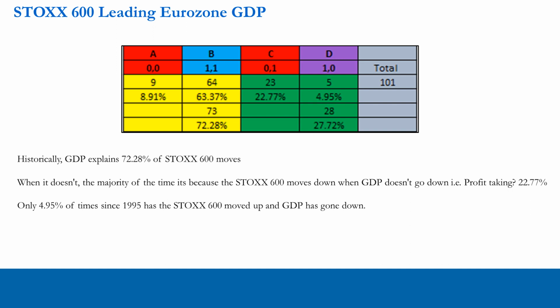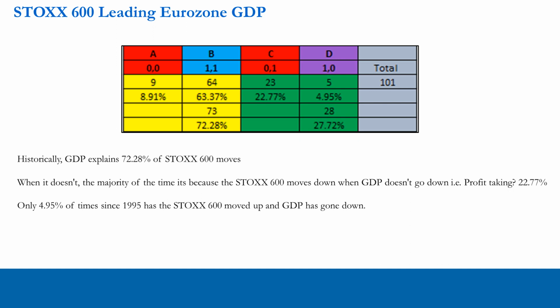Now, if you look at the table there, you can see the cases of 0, 0 and 1, 1. They are marked in yellow on the left-hand side, and you can see 0, 1 and 1, 0 marked in green. Now, the 0, 0 and 1, 1 situation is basically when the index and GDP growth move in the same direction.